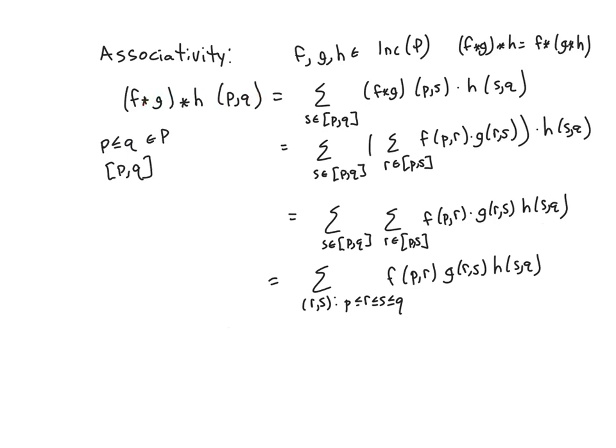So what does it do? Well, by definition of convolution, you're summing over all s in the interval pq, first function applied to p comma s, second function applied to s comma q. But this first function's also a convolution, so by definition, you calculate it by summing over all r in the interval ps, f applied to pr times g applied to rs.